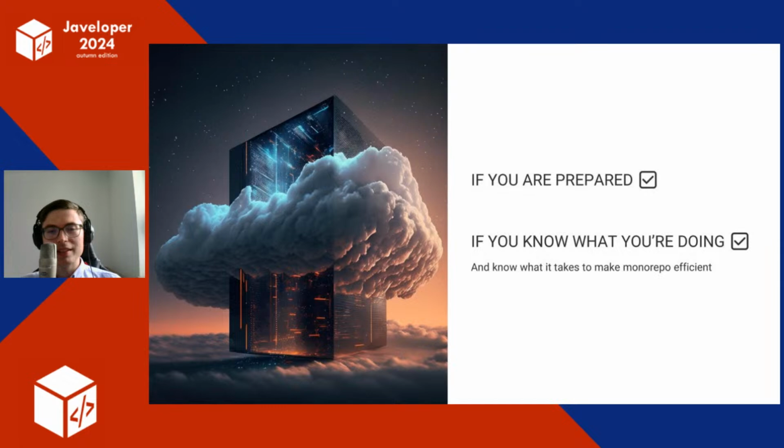So actually, it turns out that you can gain advantage from breaking the rules. First of all, if you are prepared and you know what you are doing and have the knowledge about what it takes to make monorepo efficient.